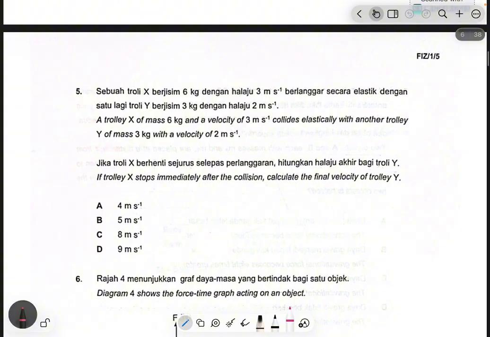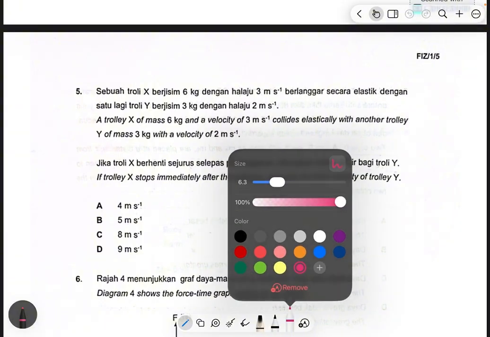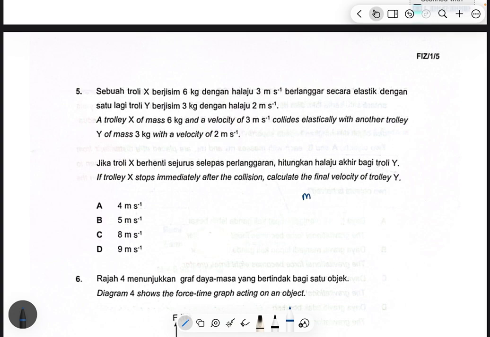Okay, next, a trolley X of mass 6 kg and velocity of 3 ms^-1 collides elastically, meaning that they don't combine, with another trolley Y of mass 3 kg and velocity 2 ms^-1.